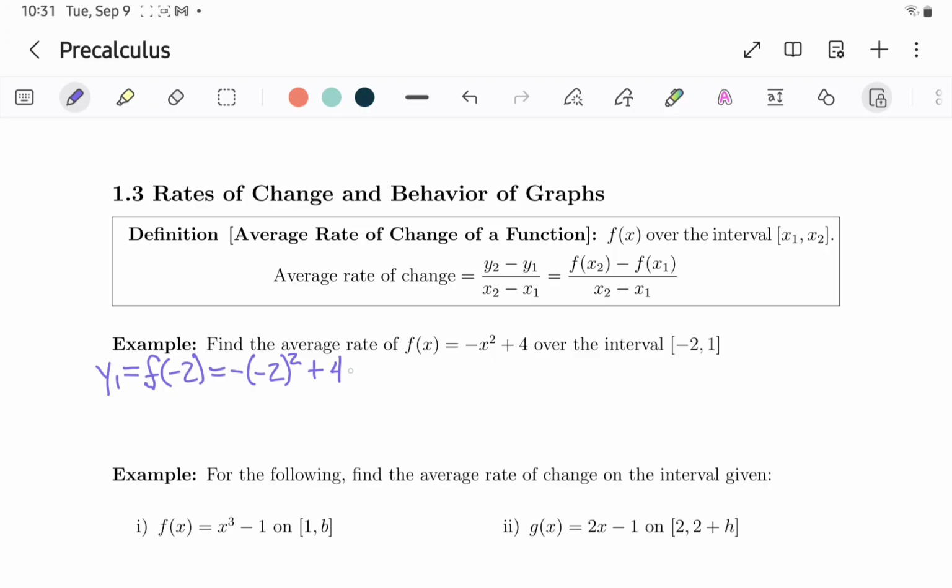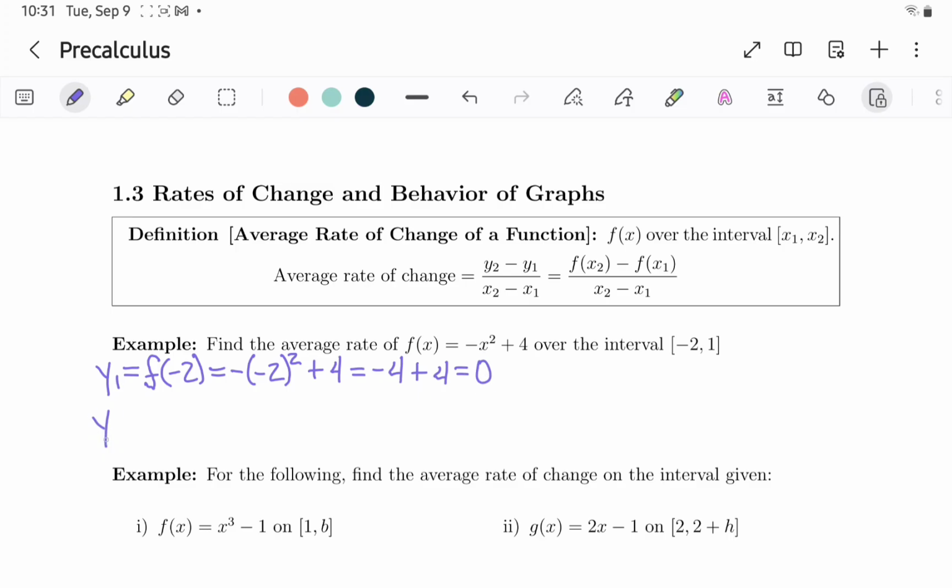And from here, we just want to start simplifying. So negative 2 squared is going to be a positive 4. So we have minus still out in front, and then a positive 4, and then plus 4 still, and adding everything up, this is of course going to be equal to 0. So y sub 1 is equal to 0.